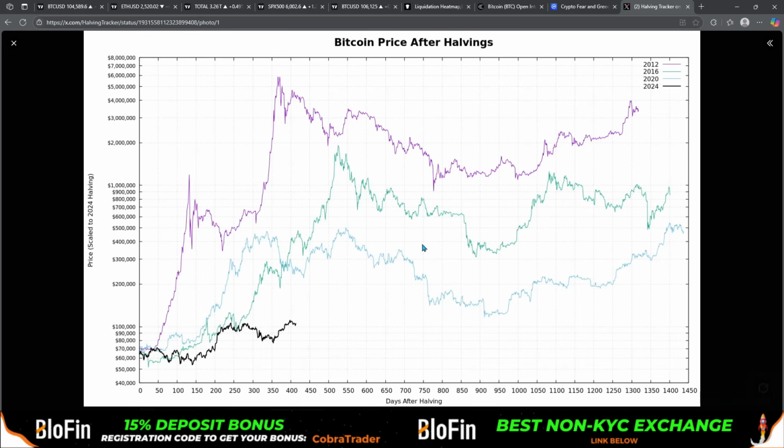We could even top later than the other bull runs, depending, of course, on how the stock market performs. But looking at this chart, I do think Bitcoin has plenty of upside left towards around the 500-day mark. Then from there, we're going to have to see. Compared to the other markets, Bitcoin hasn't done much yet.